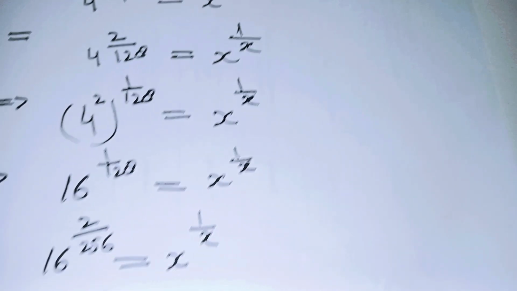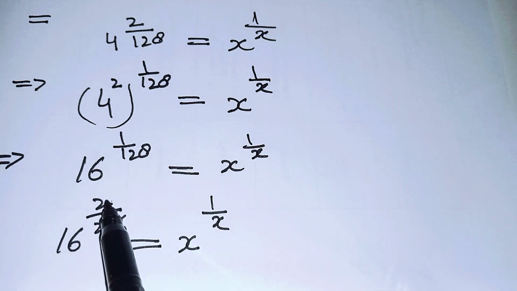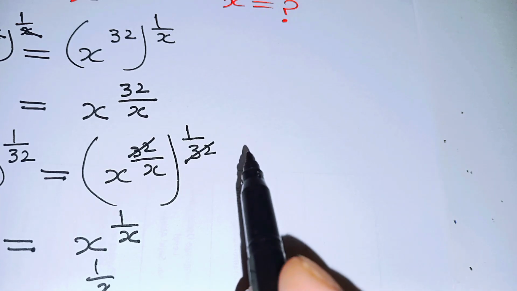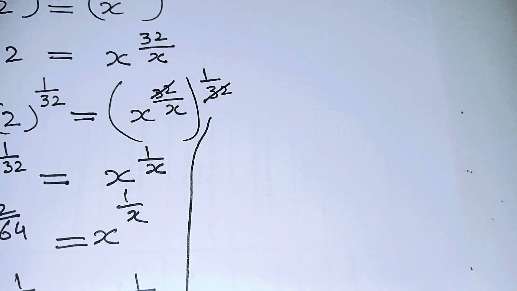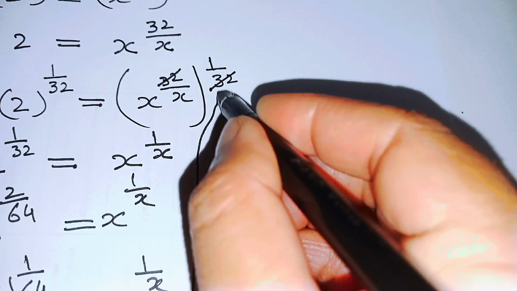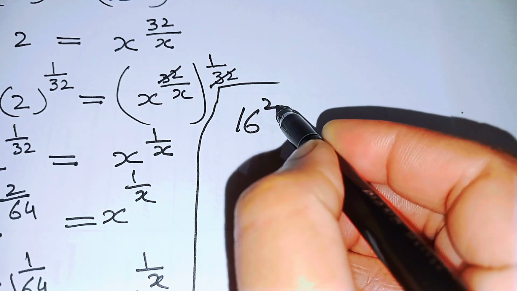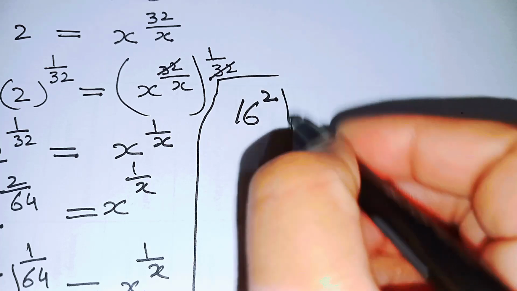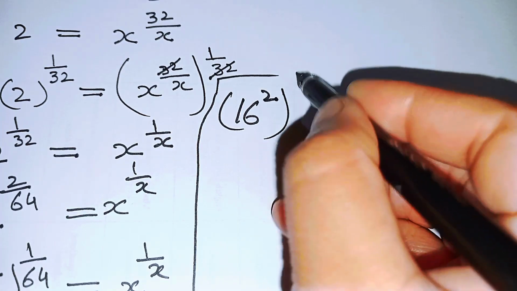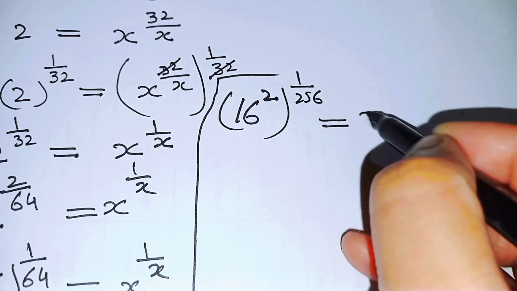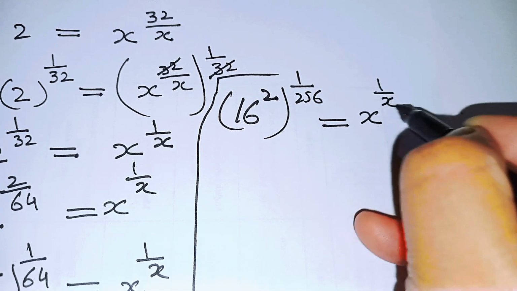And now this 16 squared to the power of 1 over 256 is equal to x to the power of 1 over x.